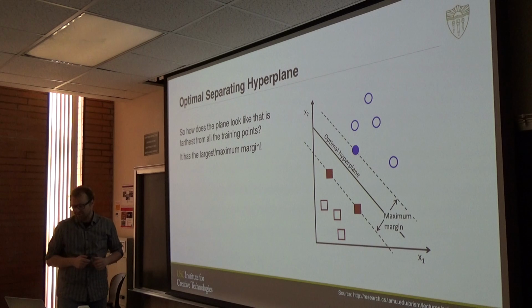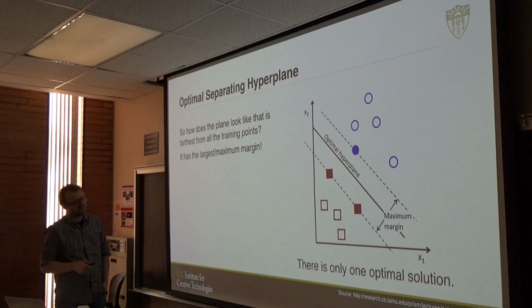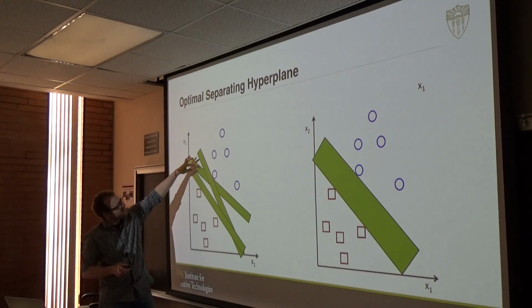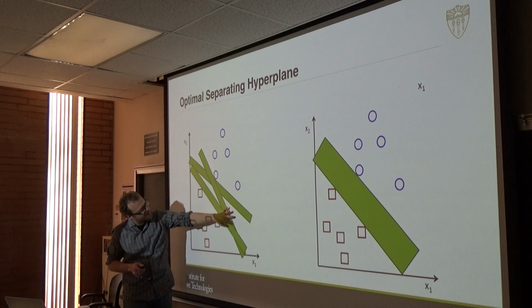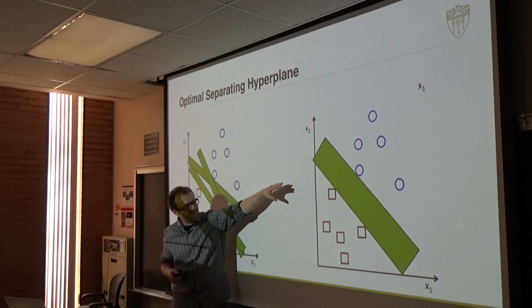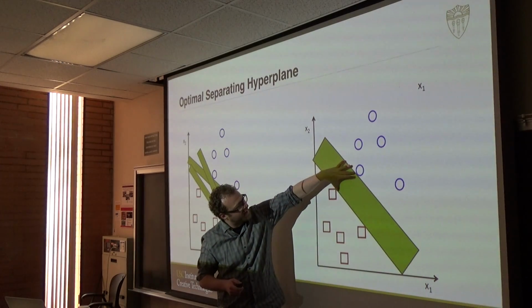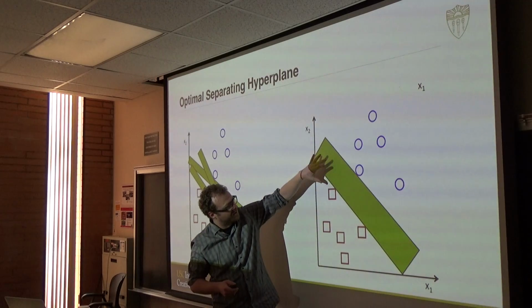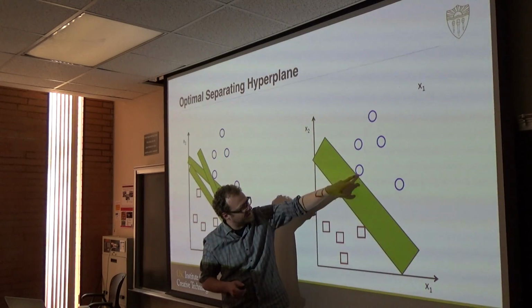Okay, and the important part is that there's only one optimal solution that maximizes the margin. And to visualize that, if this is my margin, I can fit it through here, I can fit that through here, I can fit that through here. But if my margin is this wide, I can't turn this around without misclassifying that one, for example, or that one or that one.